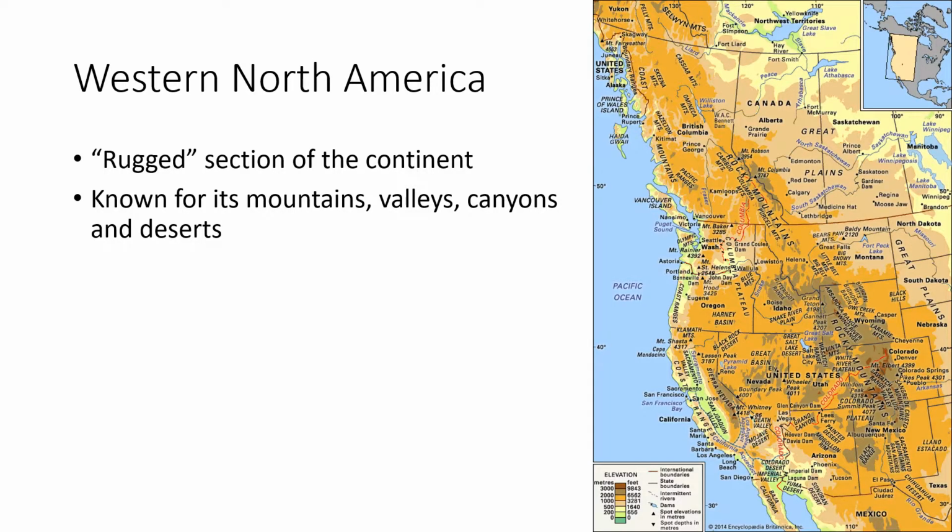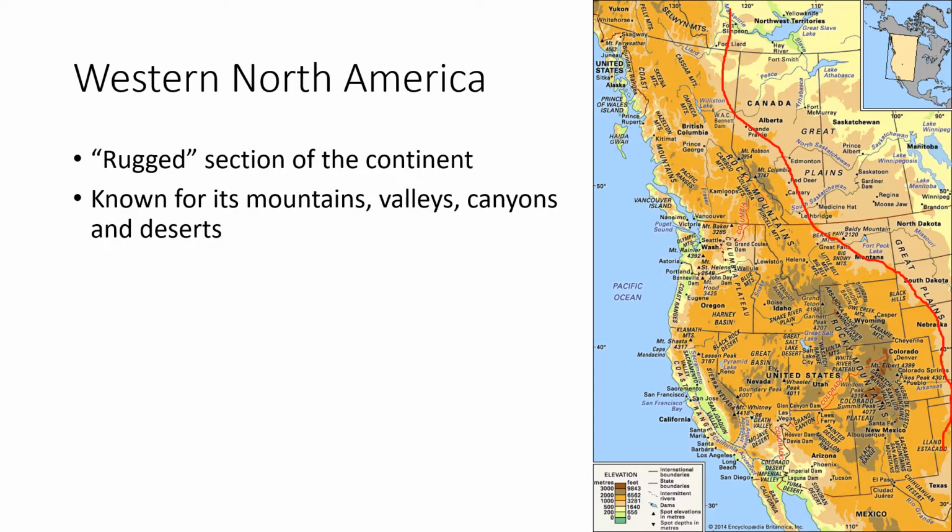We're going to start with the western side of North America. The western U.S. is the most rugged section of the United States and of Canada. The dark green here on the map sort of draws that border between the Great Plains and then the Rocky Mountains.